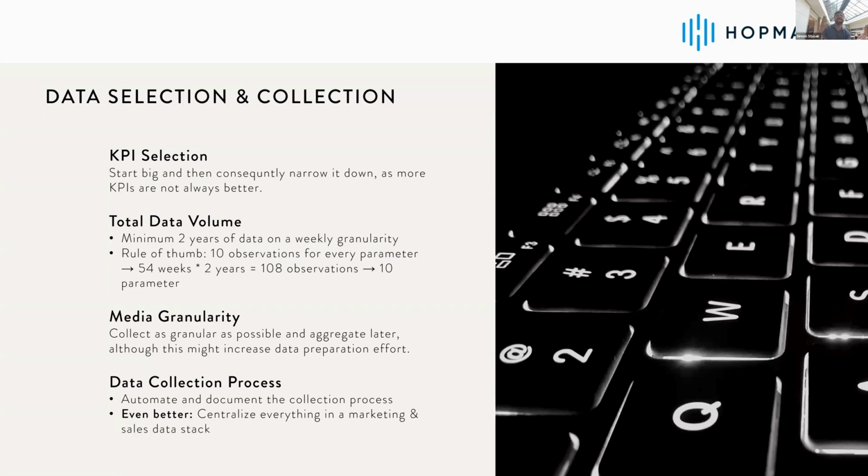The other way around would be if you just have online and offline spendings, then you just know that online is maybe working better than offline, but not which online channel is working better or worse. And a general recommendation, or what we often learn during a process regarding the data collection.